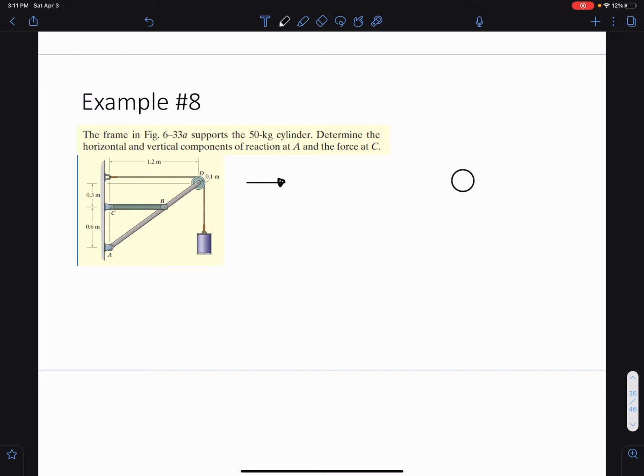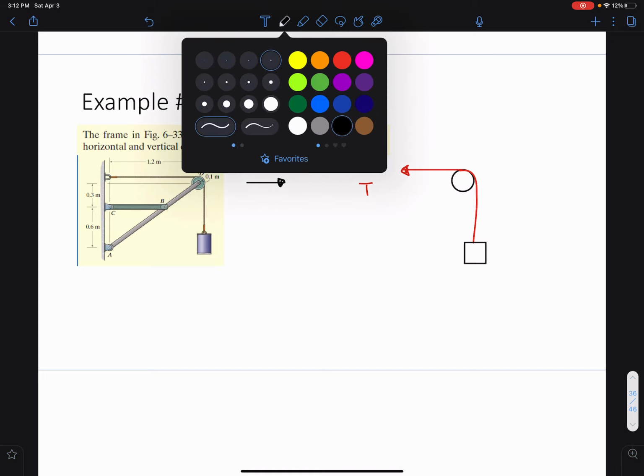Okay, so I have a pulley here, and I have this cord, this tension cable that's going through this way. And I have some T, but I know I have this cylinder at the bottom, and this cylinder is 50 kilograms.